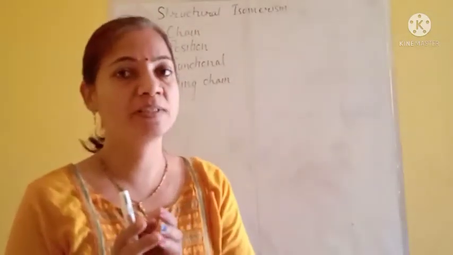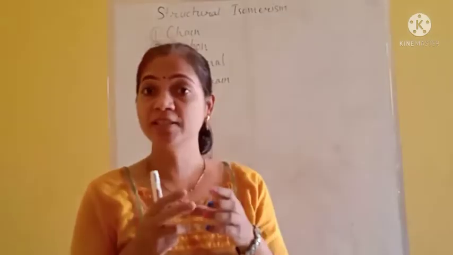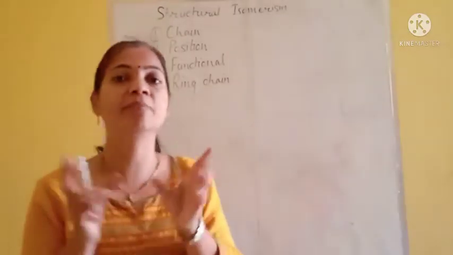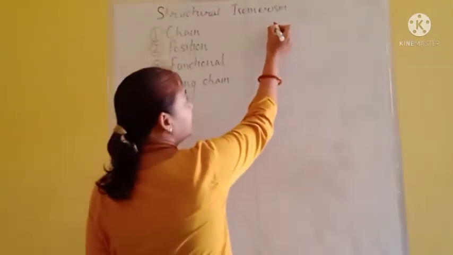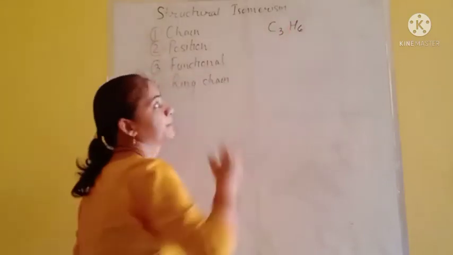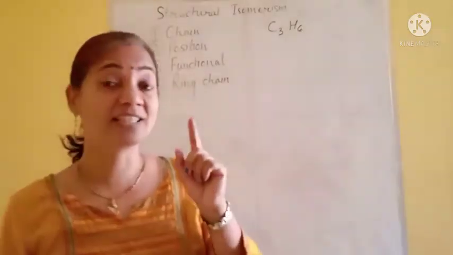Now coming to ring chain isomers. These are isomers with the same molecular formula, but the difference is that one of them will be a straight chain and the other will be in the form of a ring. Let's take the example of C3H6. This is CnH2n, which tells me that there is a double bond present.